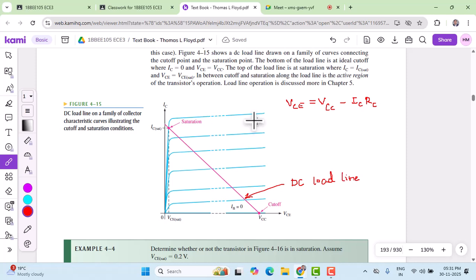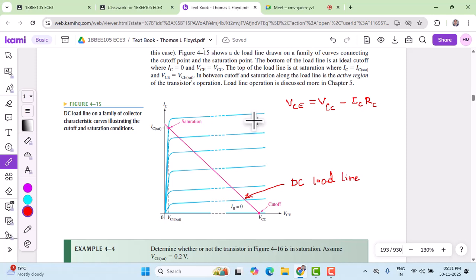This is the base emitter voltage, so VBE comes into the loop, that is equal to 0. I just want to obtain the base current from this. So retaining the base current, this gives me VBB minus VBE in the numerator, divided by RB. So this is how we can obtain the equation for the base current.